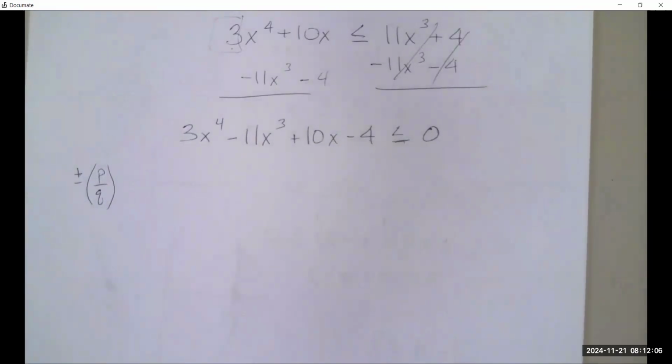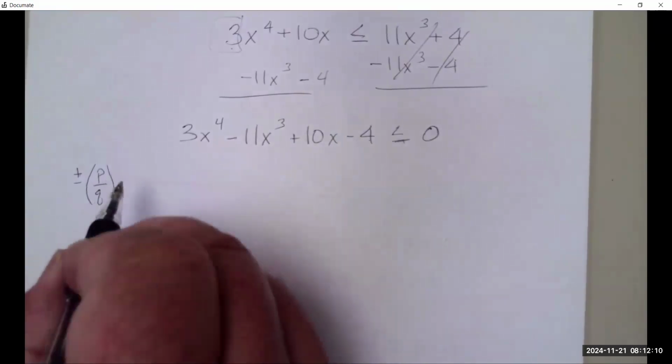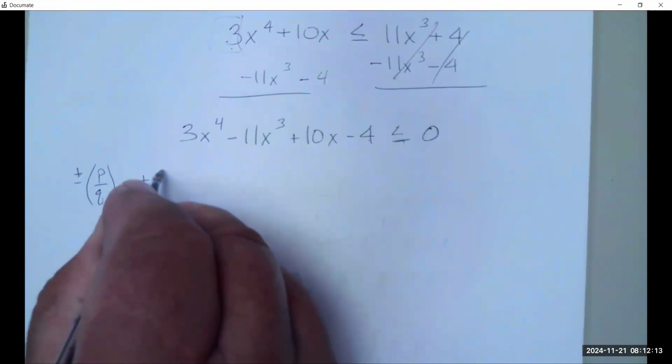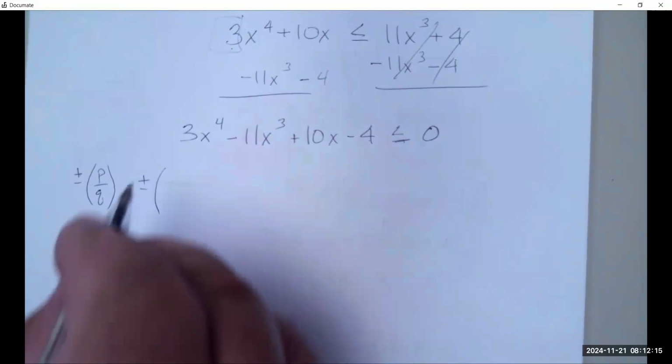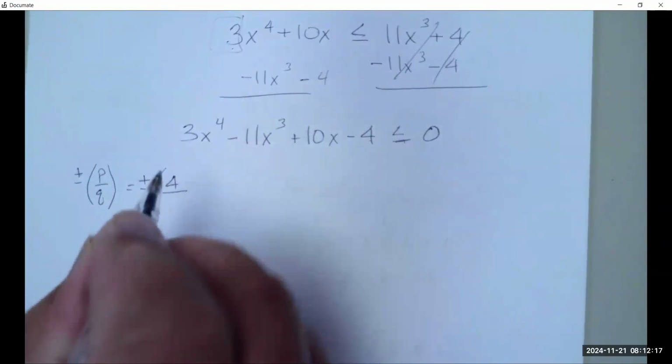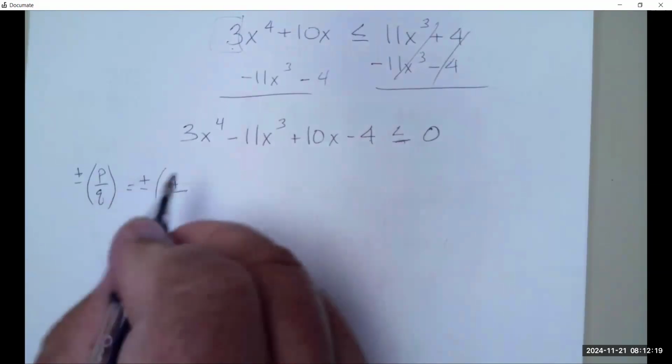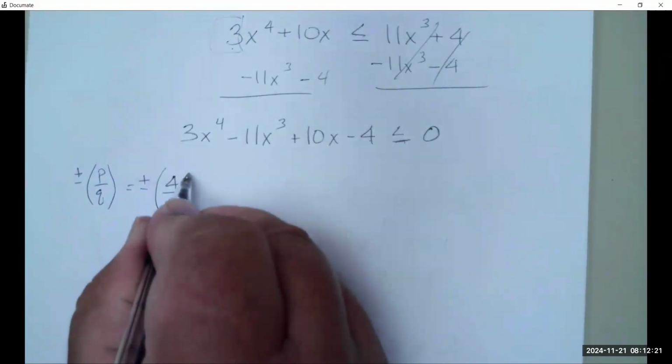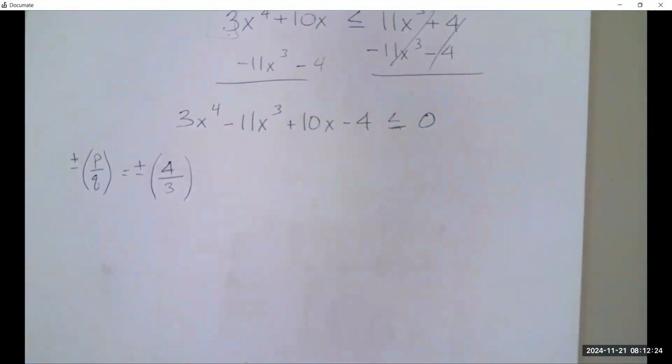So P represents what? The constant, so it's 4. Don't worry about the signs, because that's what the plus and minus is all about. And Q is the leading coefficient, 3.